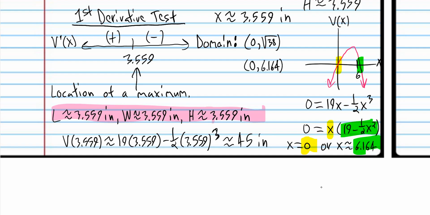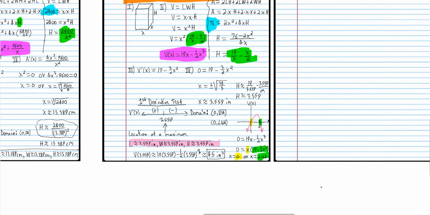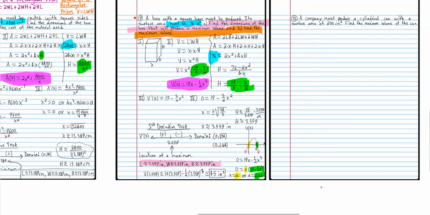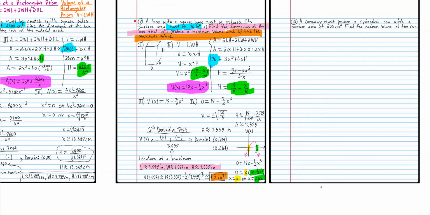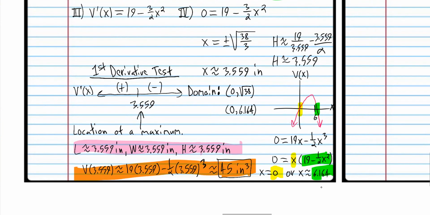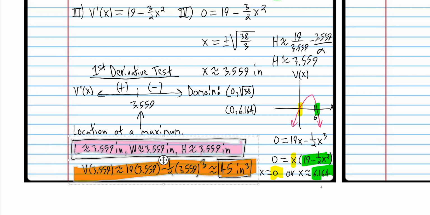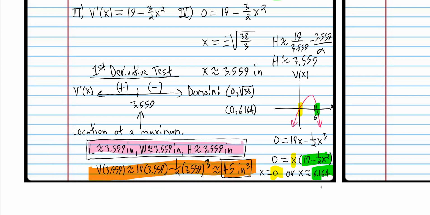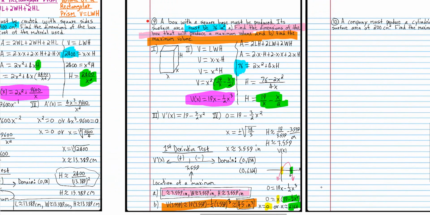Cubic inches. Okay, so that's the orange part that we found there, and let me rectangle this pink because that's part of our answer. And now that I think about it, when you do this, you really should say which part that we found. So this is part A, this is part B, just to be thorough there.